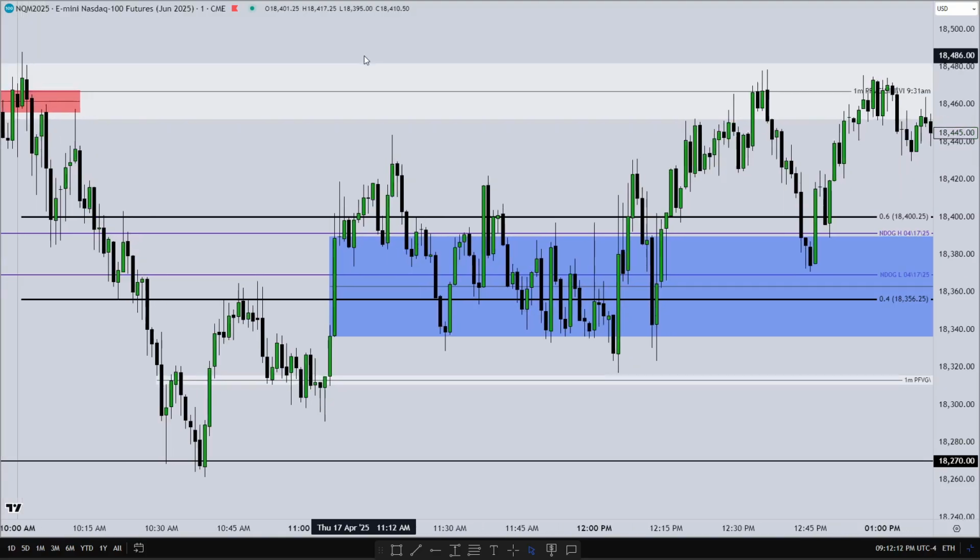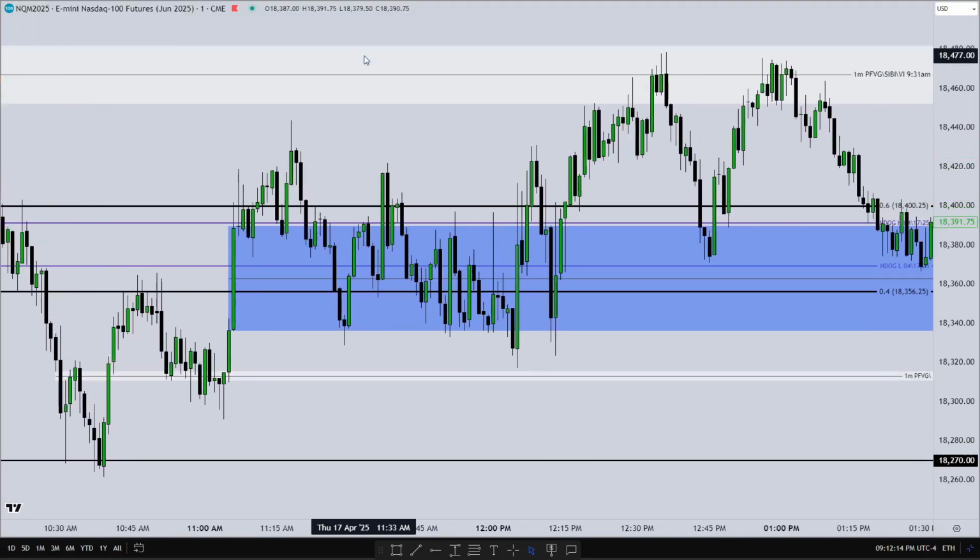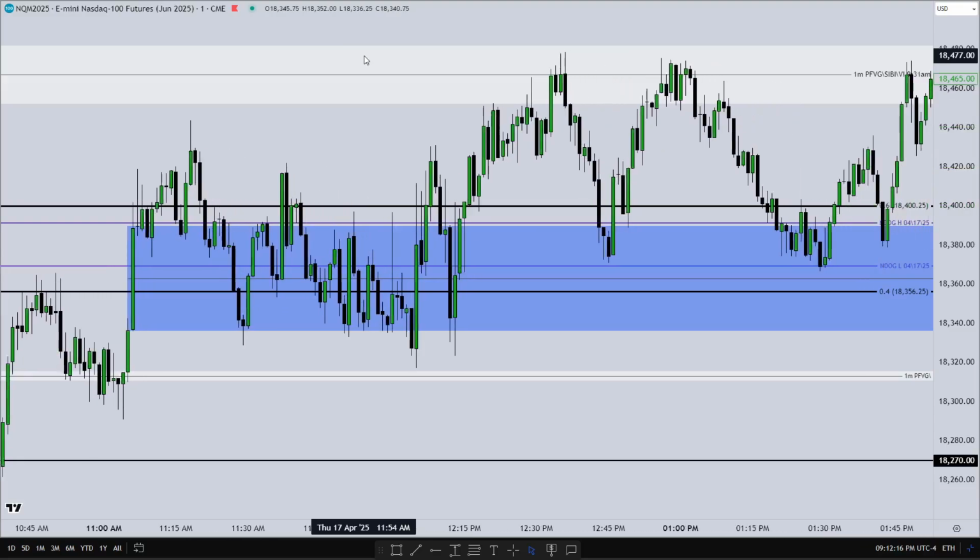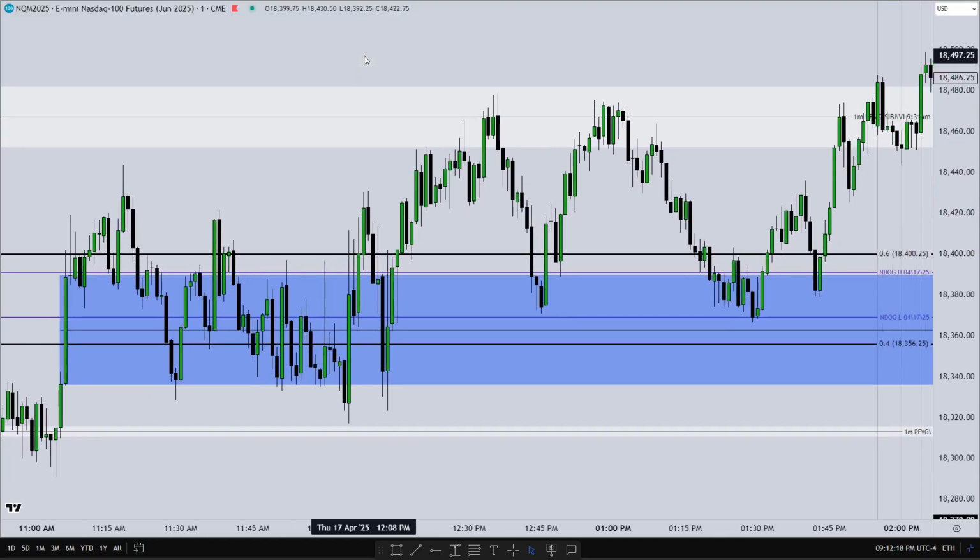And you'll see that it comes down into there, comes back up, and right here we have treated it as an inversion fair value gap to the upside.